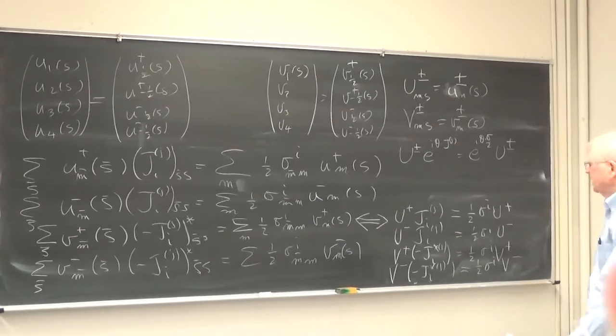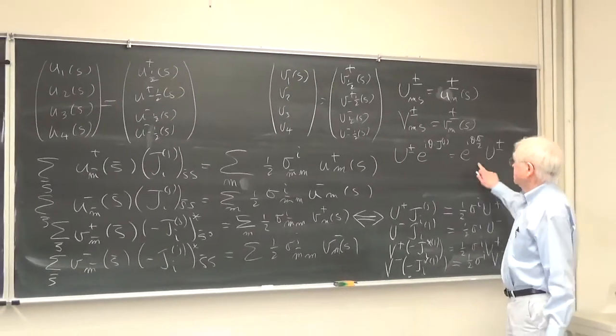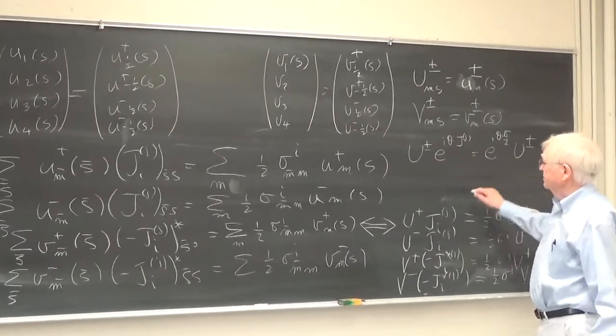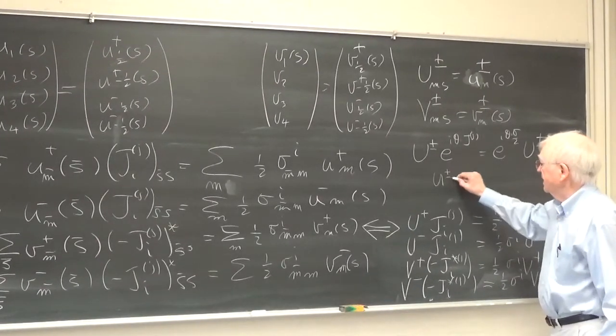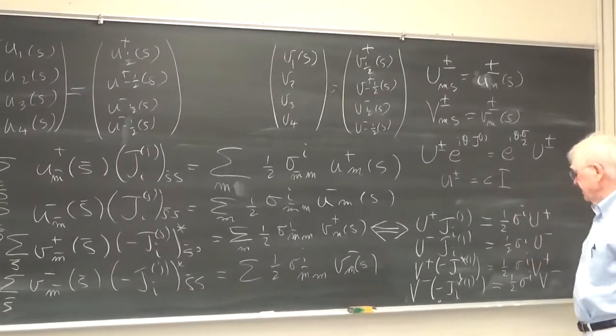All right, well, he just said what I was going to say more briefly. But whenever you have this, Schur's lemma tells us that U plus or minus must be a multiple of the identity.